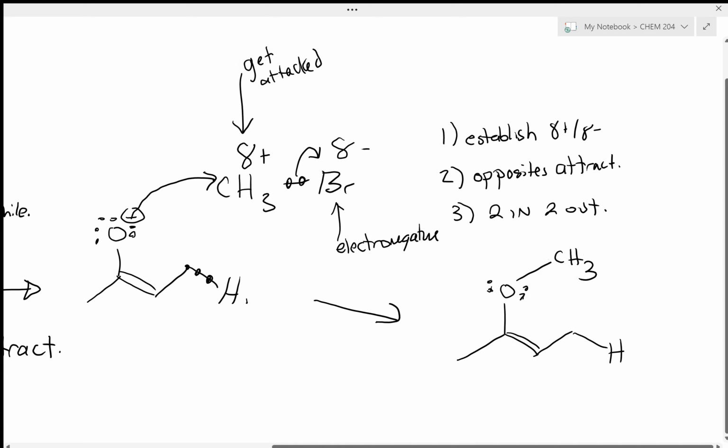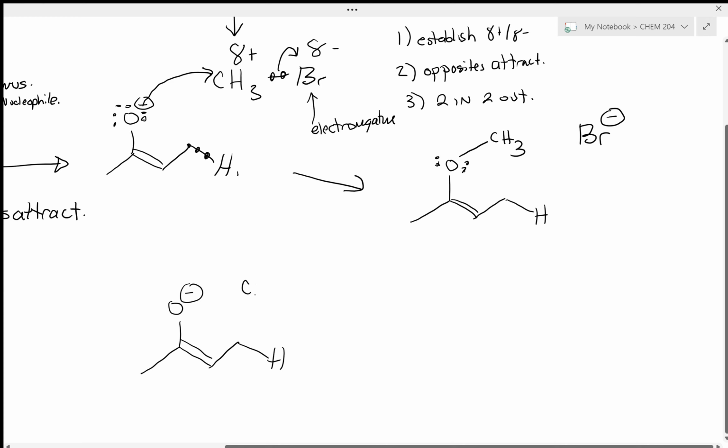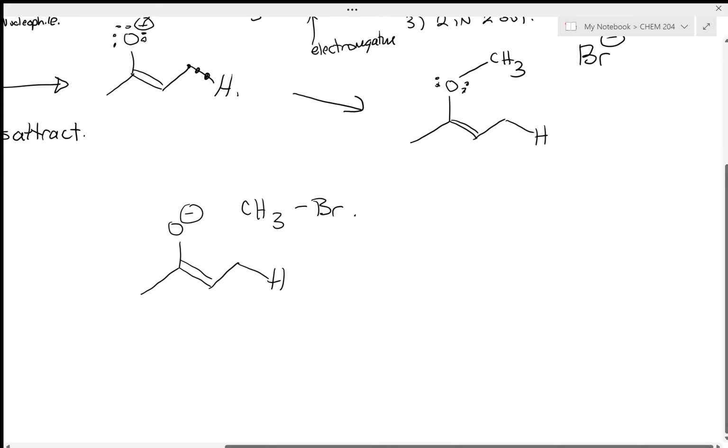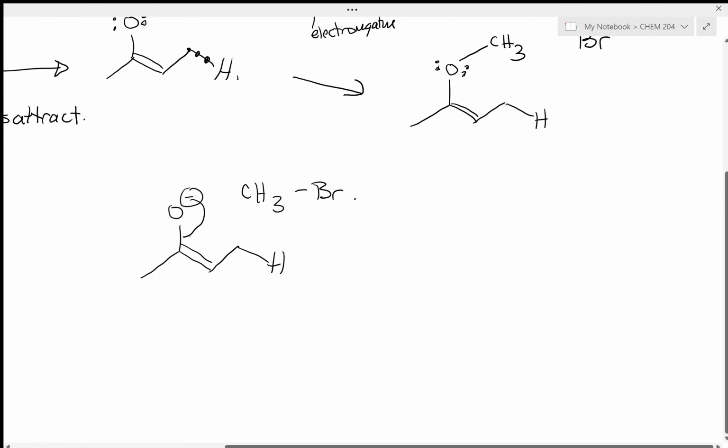The other thing that could happen here is that I'm going to redraw the whole thing. We have this structure, we have an O minus, we have a double bond, we have a hydrogen, and we have a CH3. I'm going to draw it up here. We have a CH3 and a bromine. The other thing that could happen, well, I could go 2 in, 2 out, and attack from this carbon.